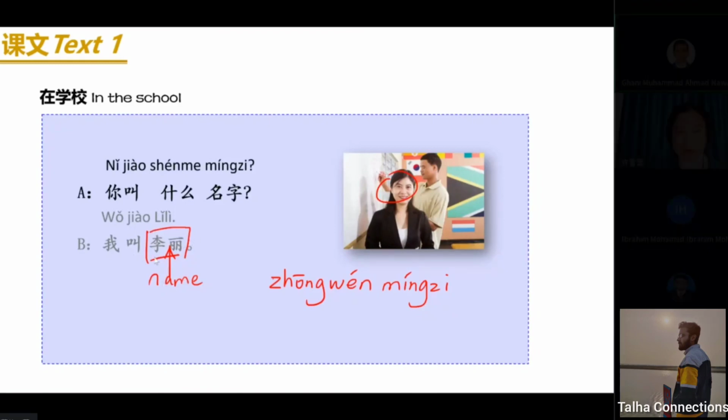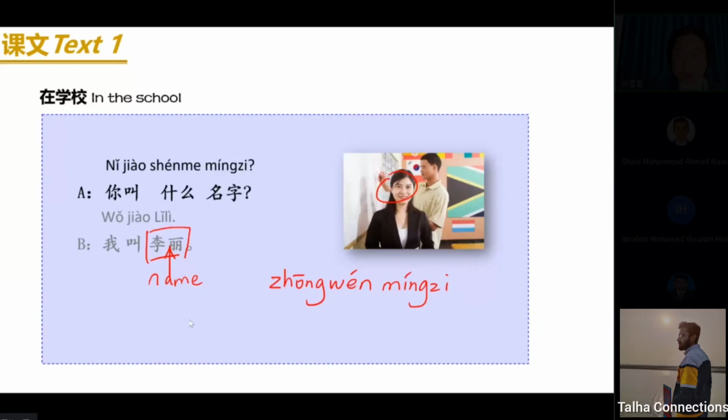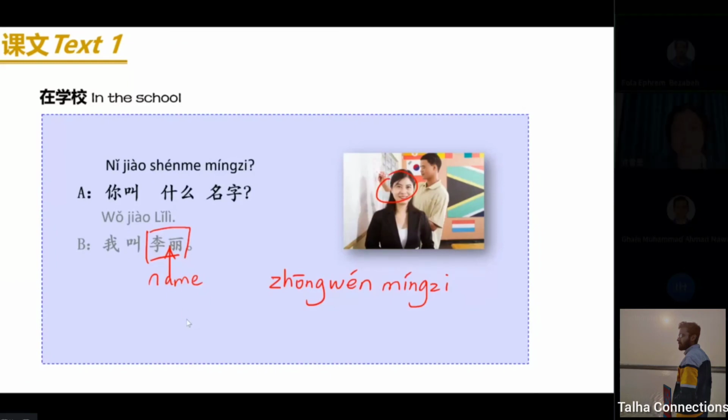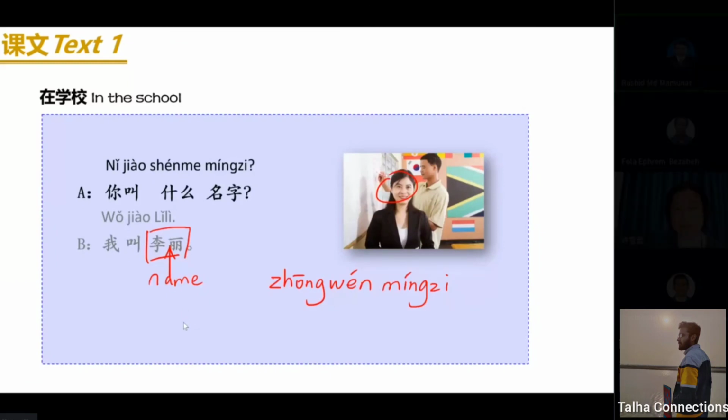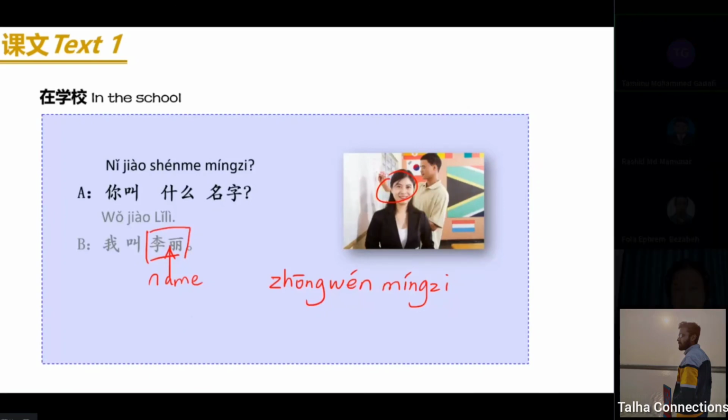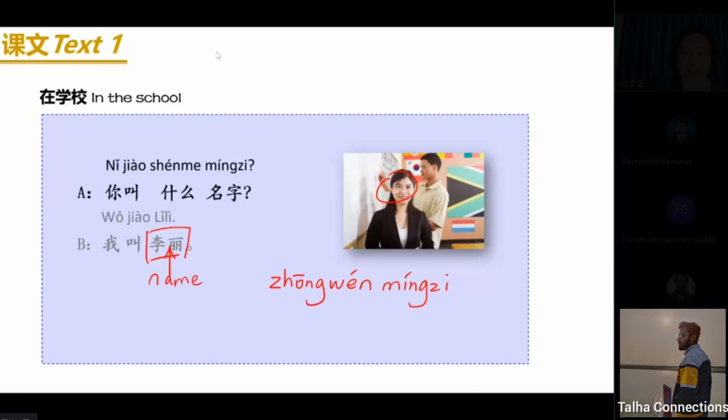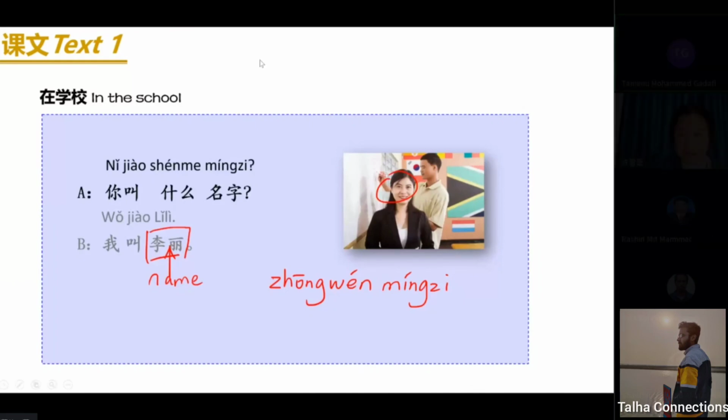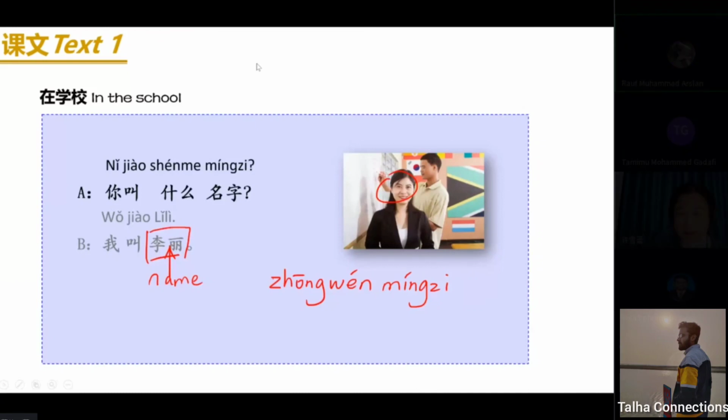Yeah, you can use your name to substitute. 我叫 Efrain。我叫李丽。我叫 Fraser。Okay, very good.